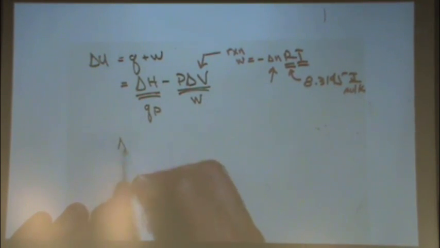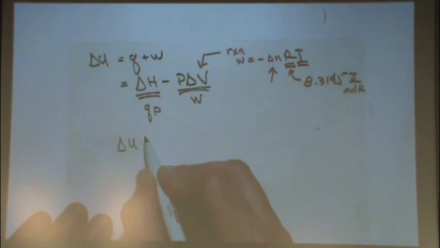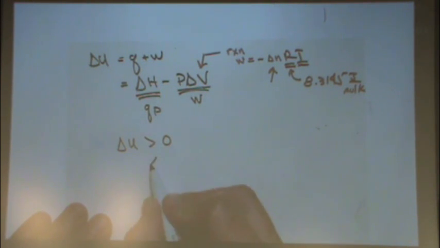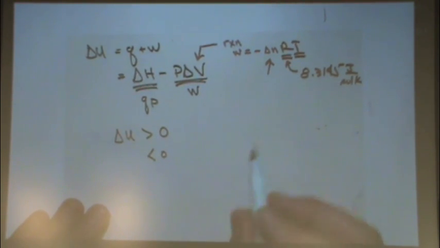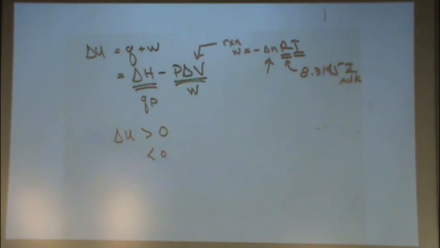Okay, so delta U can be greater than 0 or less than 0. It depends where more work is.